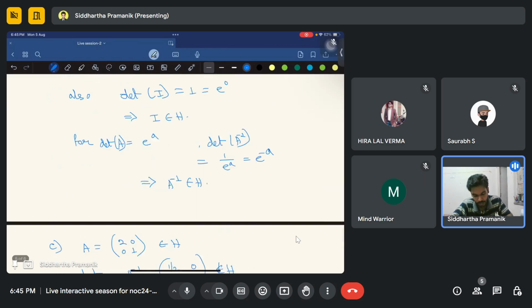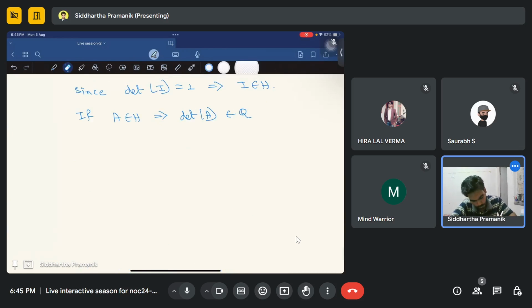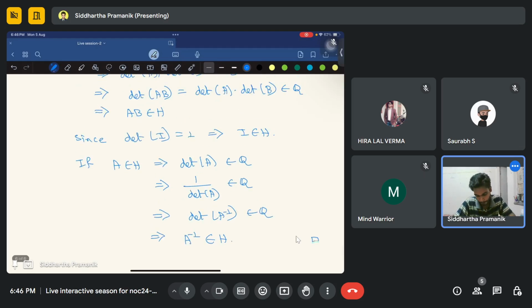Because we are in GL2R, so determinants are always non-zero. So this implies 1 by determinant of A is also a rational number. So determinant of A inverse is a rational number. So that will imply A inverse belongs to H. Okay, I hope the proof is clear.